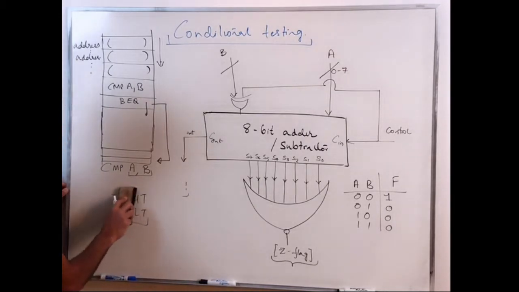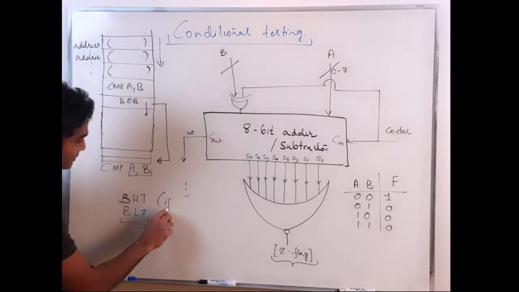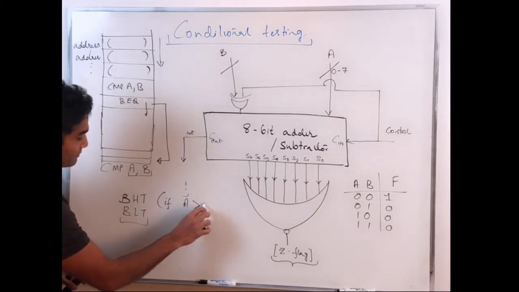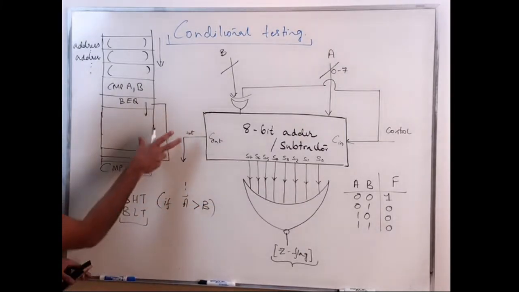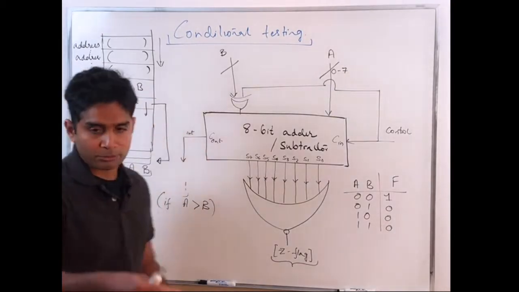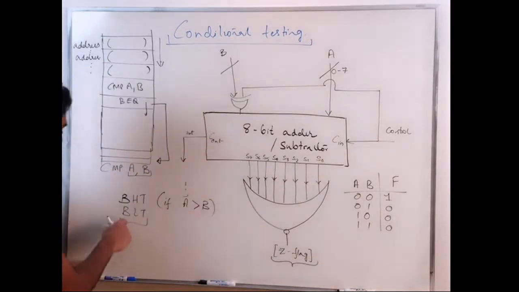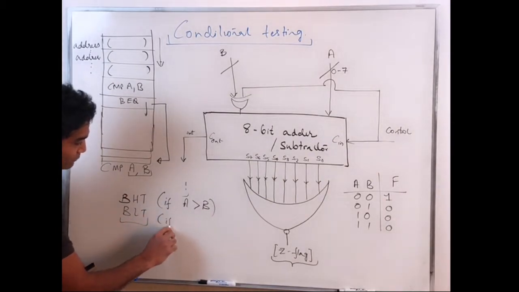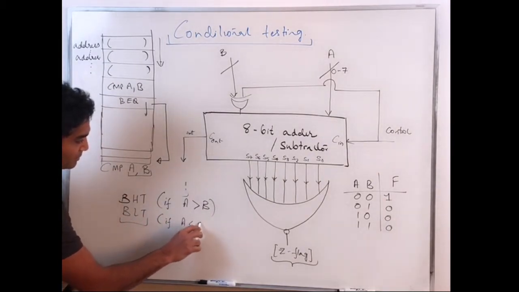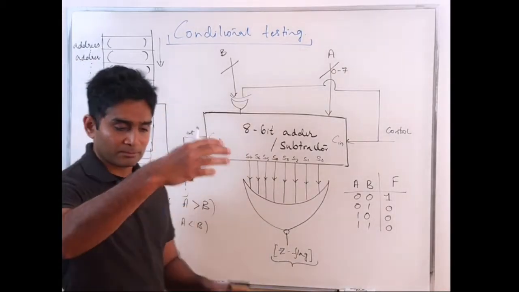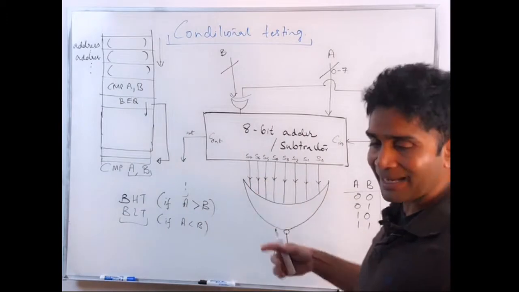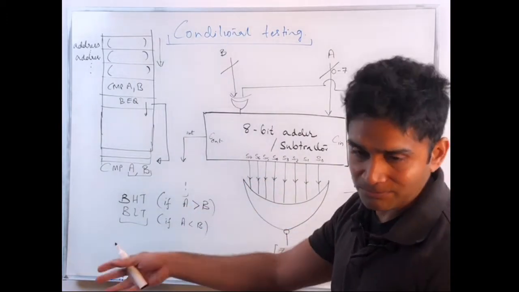So when I say branch if higher than, that is equivalent to saying if A is larger than B, then go to a different address and start executing the code. Likewise, branch if lower than corresponds, in a higher-level language, to if A is less than B, then go to a different address and start executing the code. And that's how your branch statement works based on the condition.